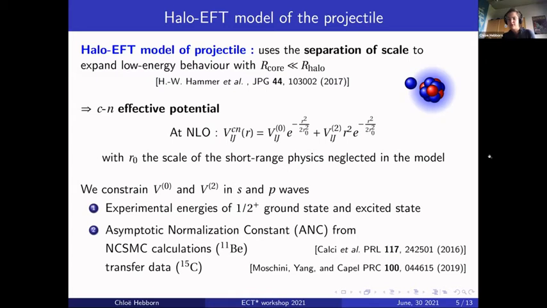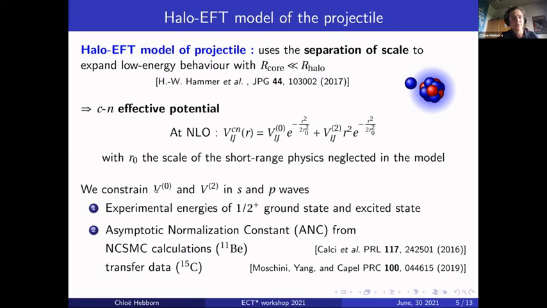In our case, if you use this approach at next-to-leading order, we can build a core-neutron effective potential, which has two parameters, V0 and V2, and some Gaussian depending on parameter R0. R0 represents the scale of the short-range physics neglected in the halo EFT description.